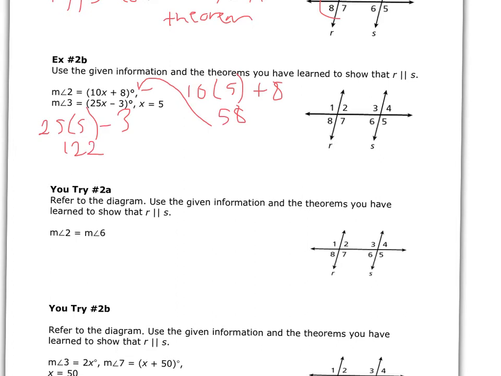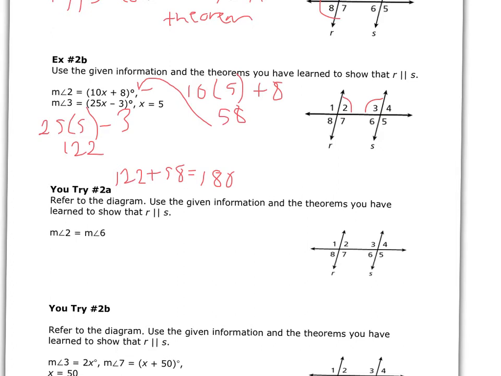Now when you have angle 2 and angle 3, these look like same side interior angles, so we need these to add up to 180 degrees to see if they're going to make things parallel. So we have 122 plus 58, and that does in fact equal 180 degrees.